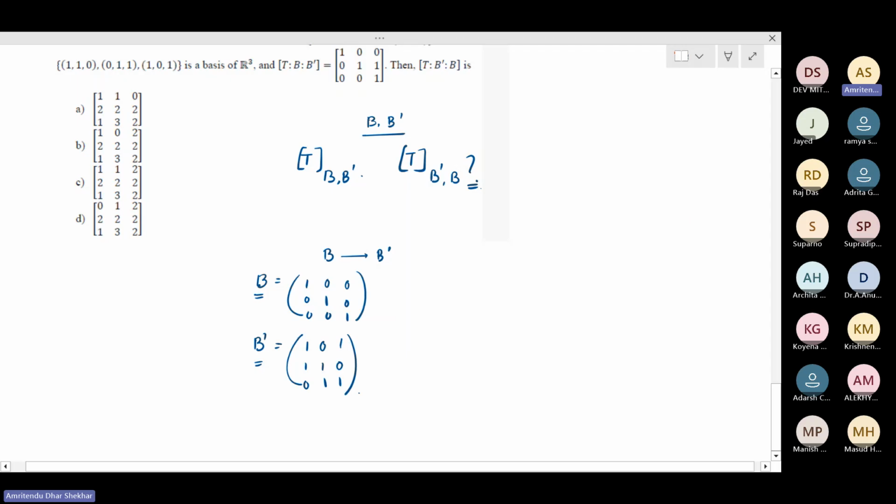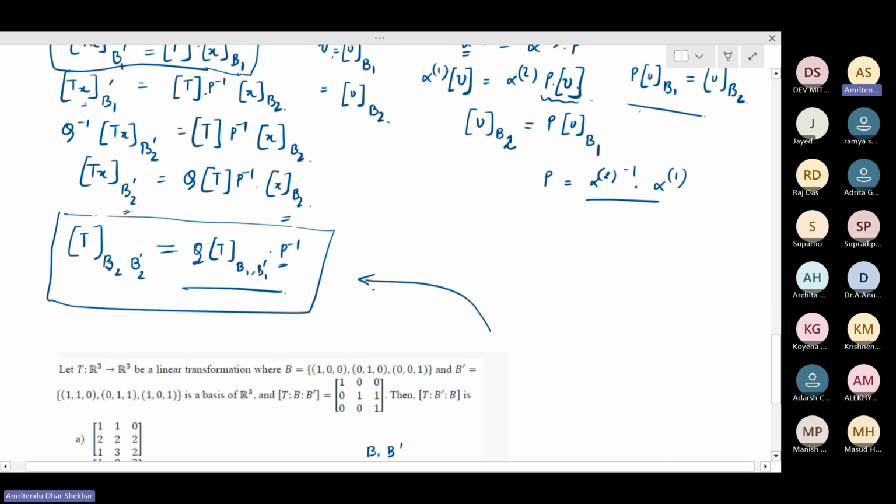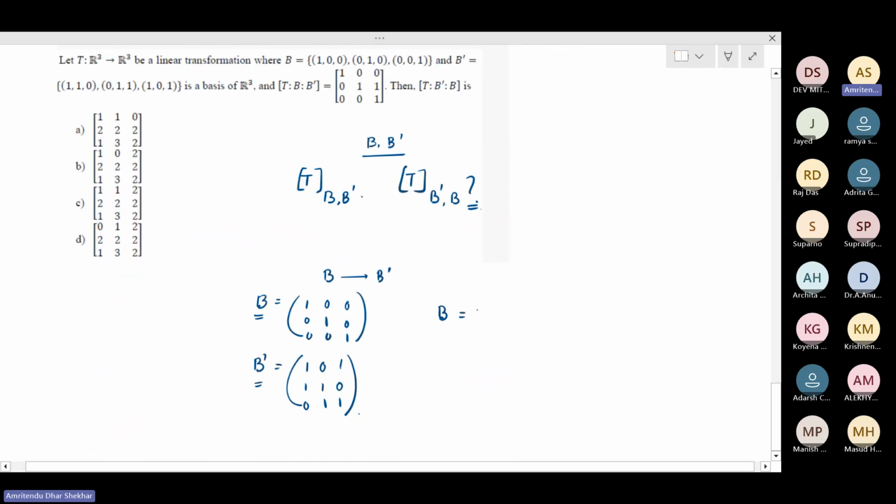Okay. So now you can write this B as equal to, essentially we're using the same idea from here, B prime times P. Okay.